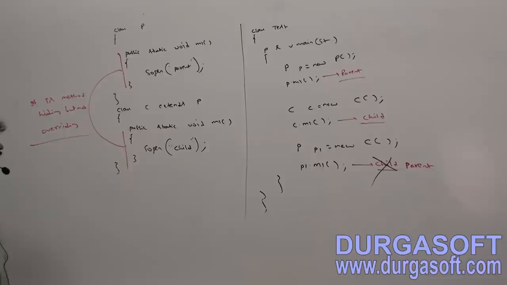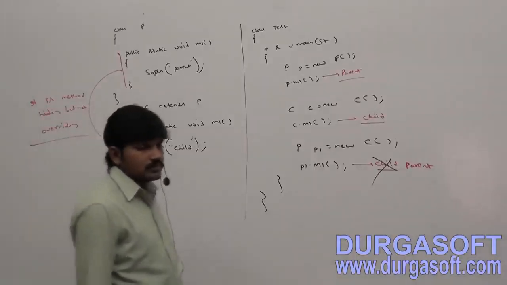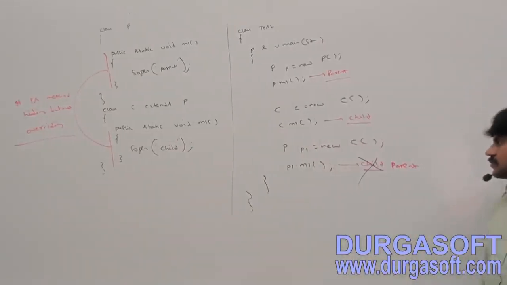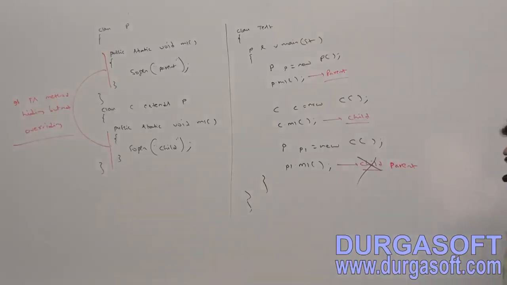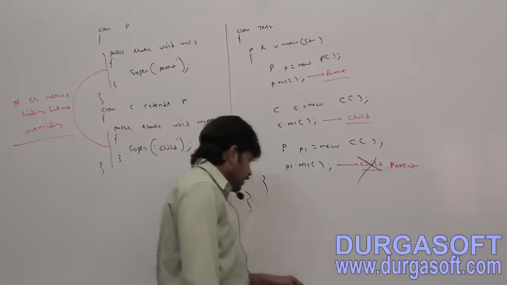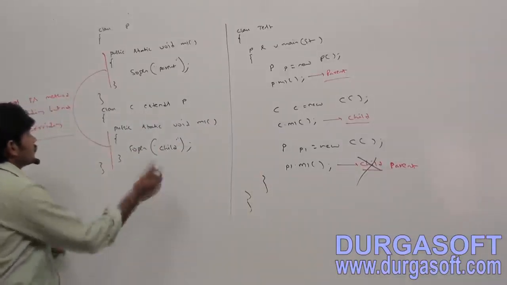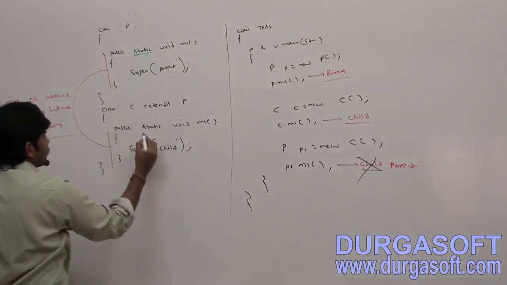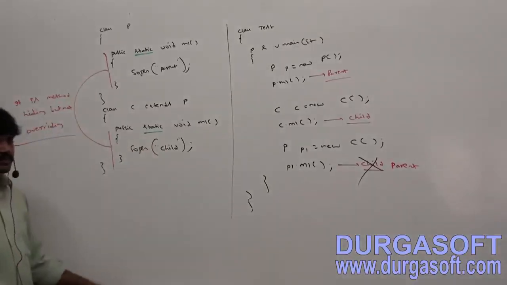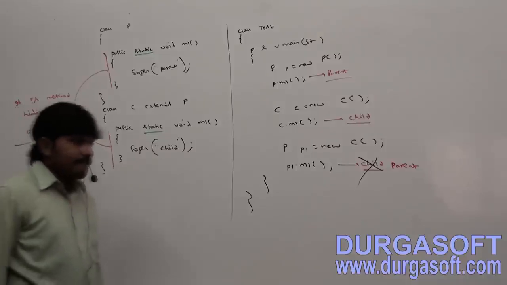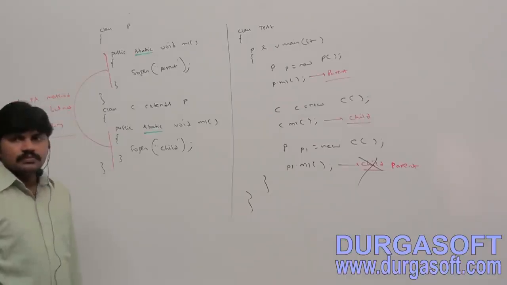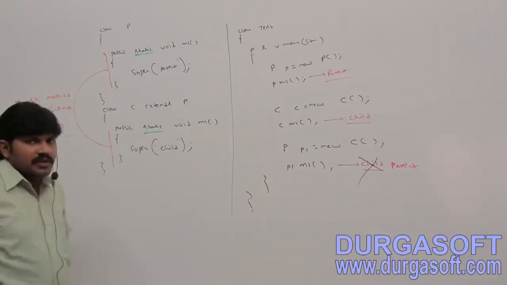So both parent and child class methods are static, so it is method hiding.